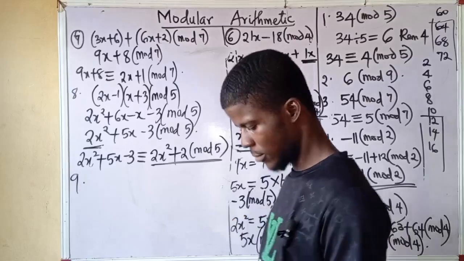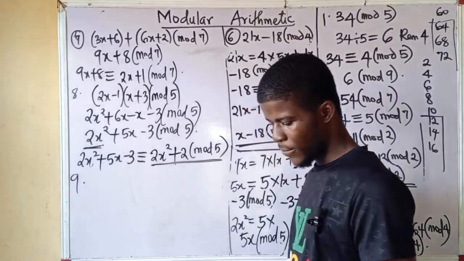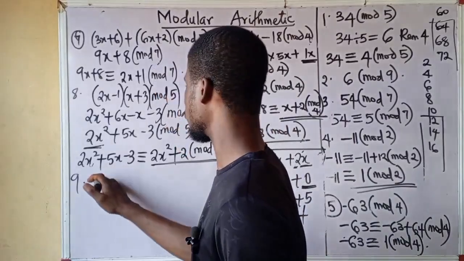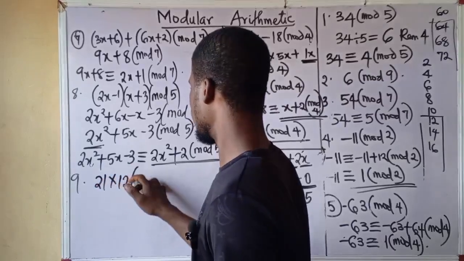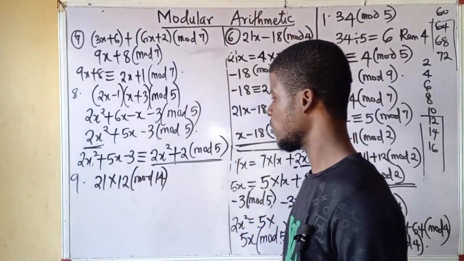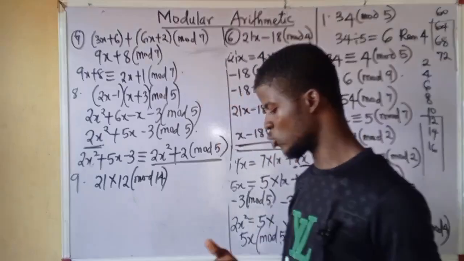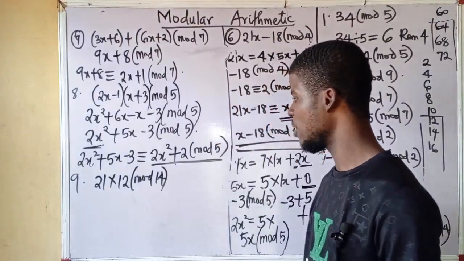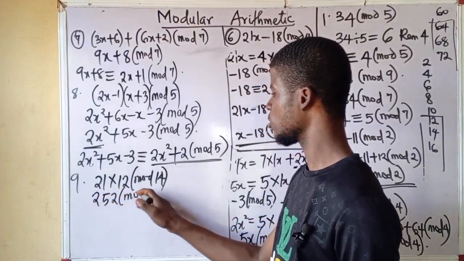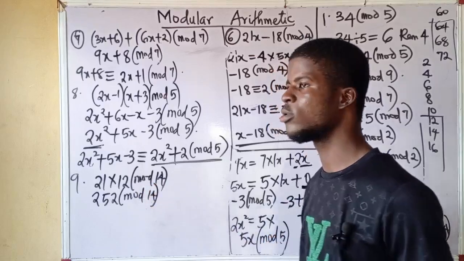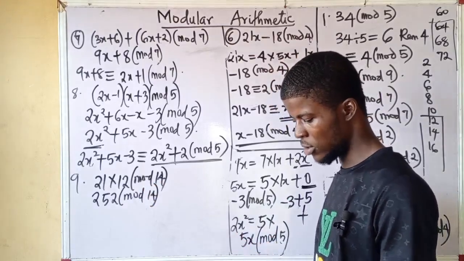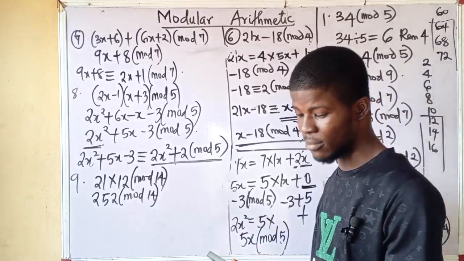Question 9. Of course, you should know what this would be. 21 times 12 modulo 14. Okay, if I multiply 21 by 12, that will be 252, right? So how many times will 14 go into 252? 252 divided by 14 is exactly 18 times.